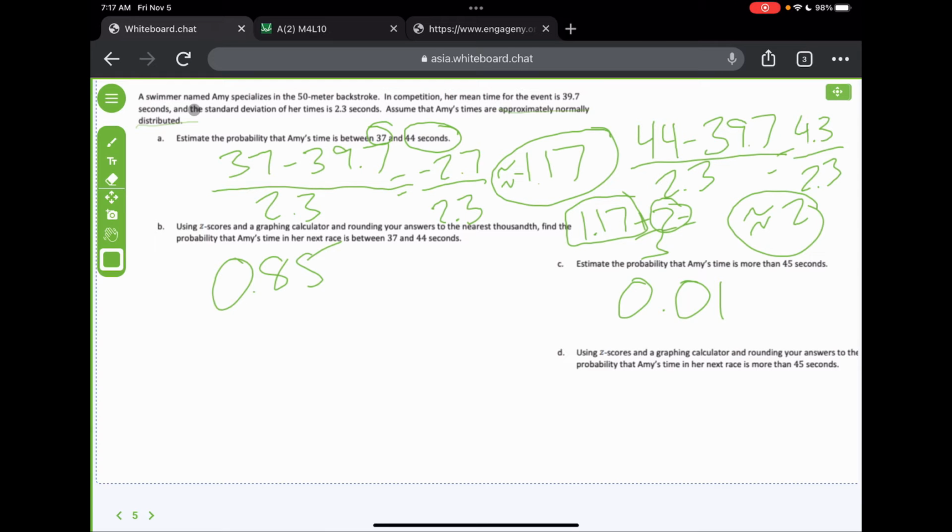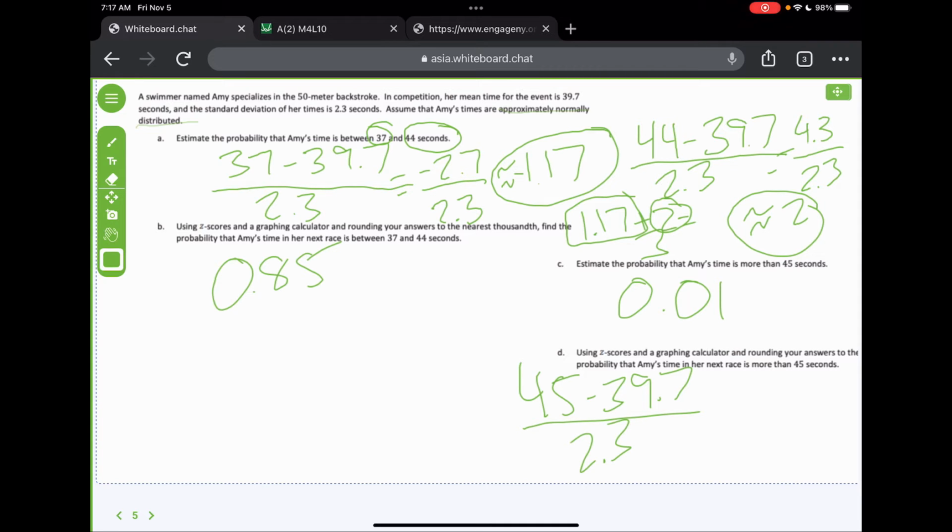Now, if we go to D, using z-scores and a graphing calculator, round your answer to the probability that our time in our next race is more than 45 seconds. Well, to talk about it being more than 45 seconds, we would have to say the value of 45 minus the mean, which is 39.7, over the standard deviation, which was calculated to be 2.3.